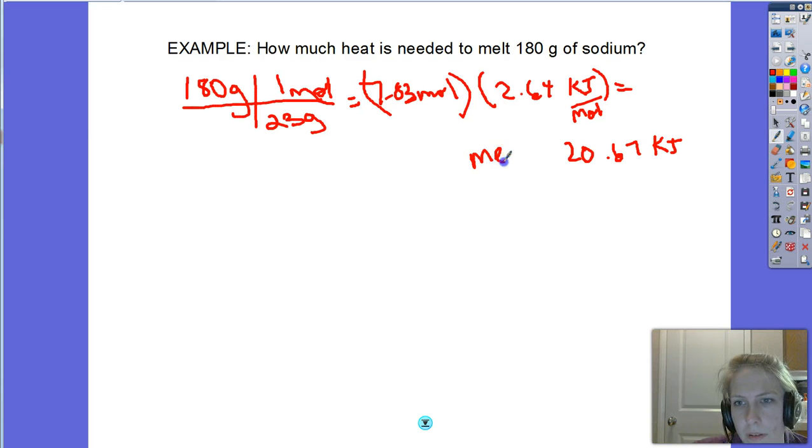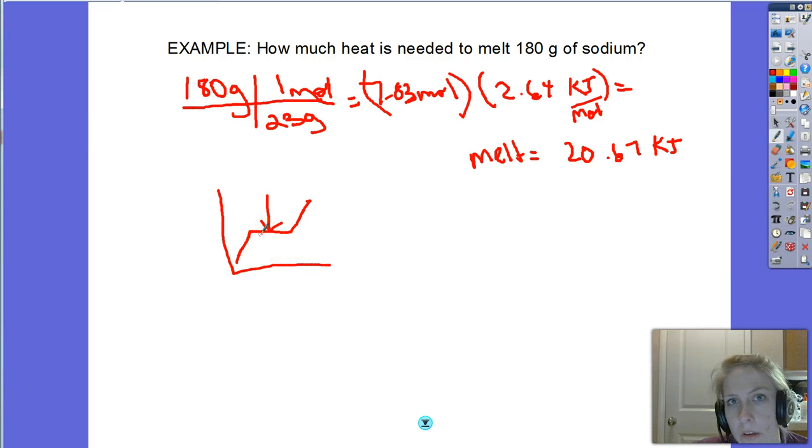So to melt sodium, that's what we need. Now, see how there's no temperature in this problem? We're just going through this flat part of a phase diagram. So no temperature change when something's melting or freezing or condensing or vaporizing.